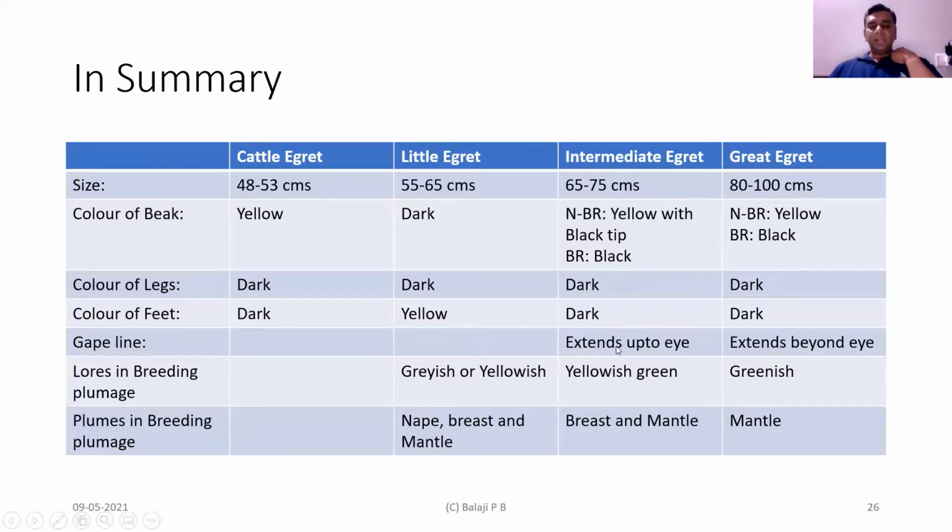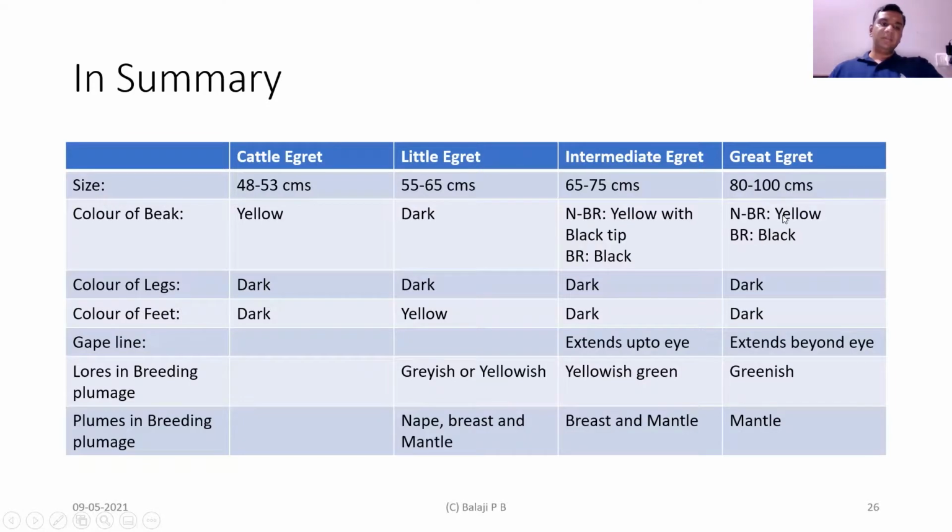So the only egret with yellow feet is the little egret. And the gape line in the intermediate egret extends up to the eye. The lores in the breeding plumage are yellowish green, and the plumes in the breeding plumage are on the breast and the mantle. It doesn't have plumes on the nape. The great egret, the size is 80 to 100 centimeters.